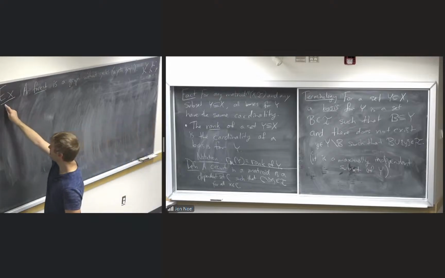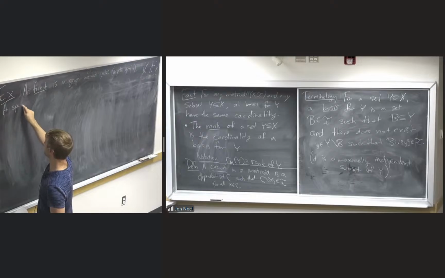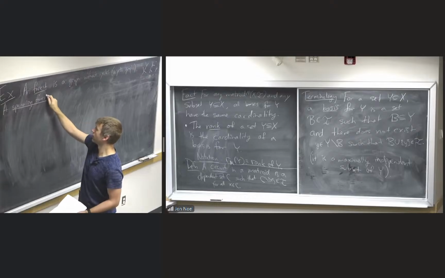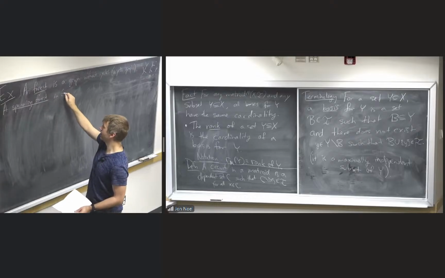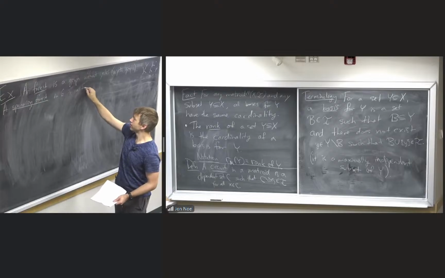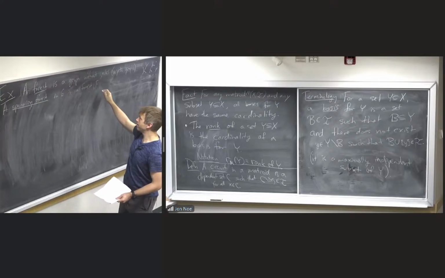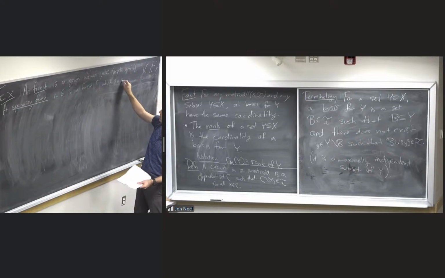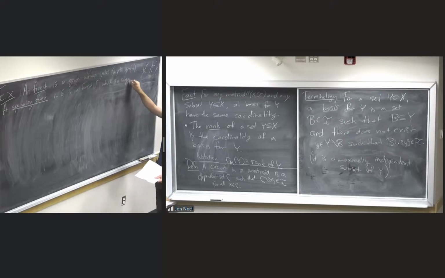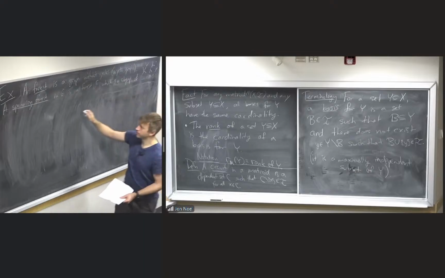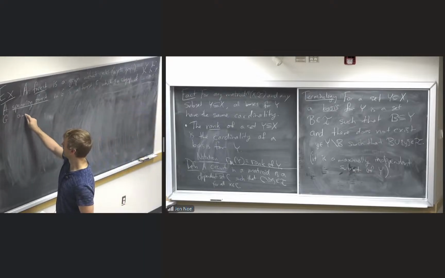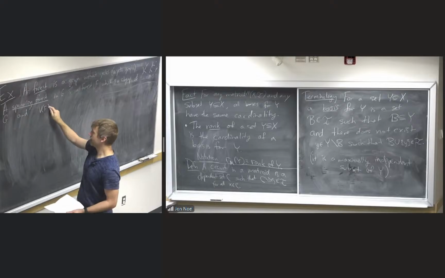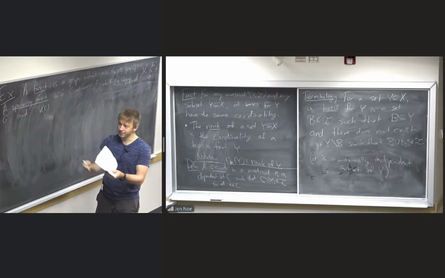For a graph G, a spanning forest in a graph G is a forest F, which is a subgraph of G, and this word spanning means that it has all the vertices that G has.